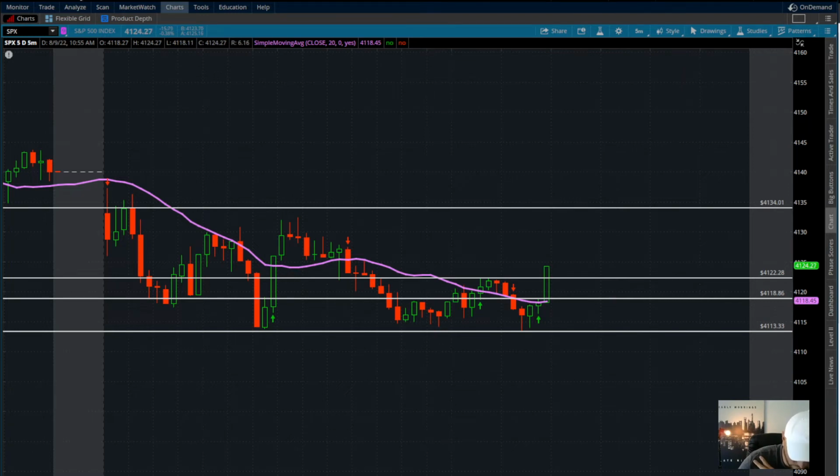This is a phenomenal move, guys. Phenomenal move. Current price on SPX is 41.24. So again, guys, this is already a winning trade here.